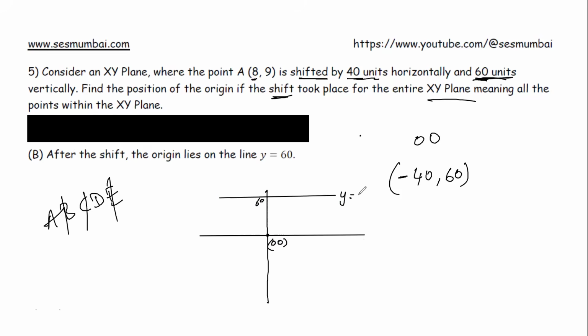Now we know that after the shift, the origin lies out here, which tells us this part, but we don't know the 40 units horizontal shift, so we don't know whether it's on the left hand side or right hand side. So B doesn't answer. D is out. So only A answers the question.